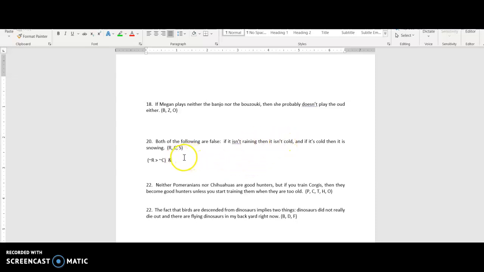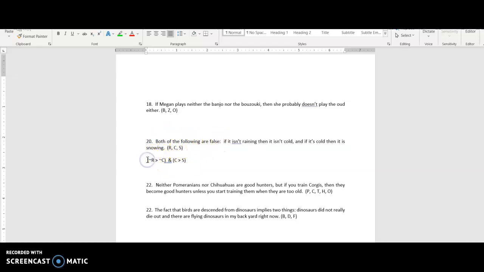Remember the nots have to be negations. And if it's cold then it is snowing. So if it's cold then it is snowing. All right. So what I've just translated is this sentence, right? If it isn't raining, then it isn't cold, and if it's cold, then it is snowing. But this is saying both are false.